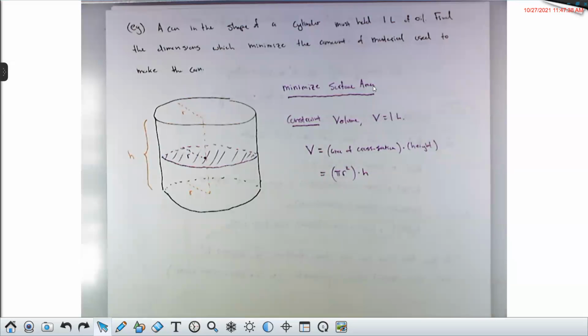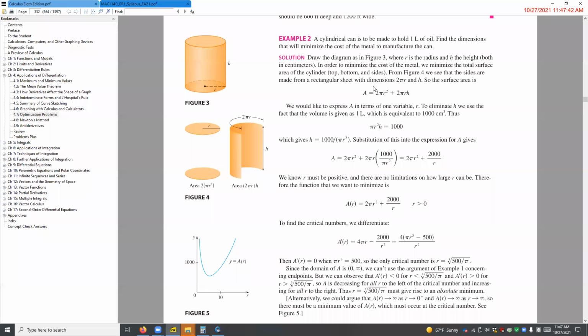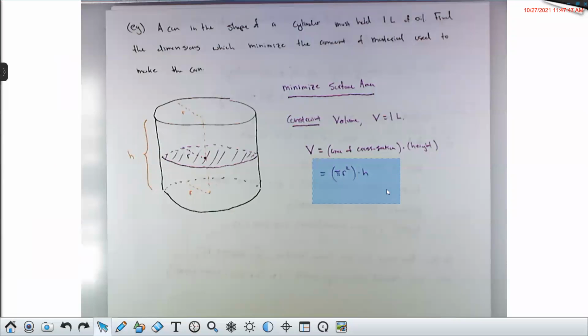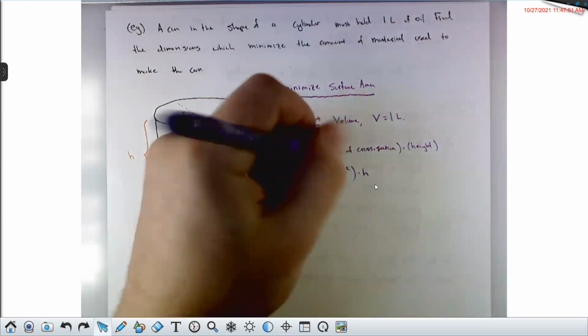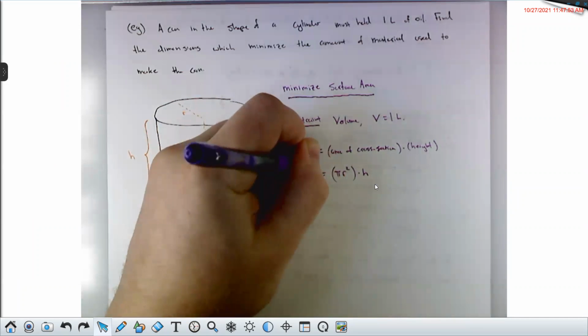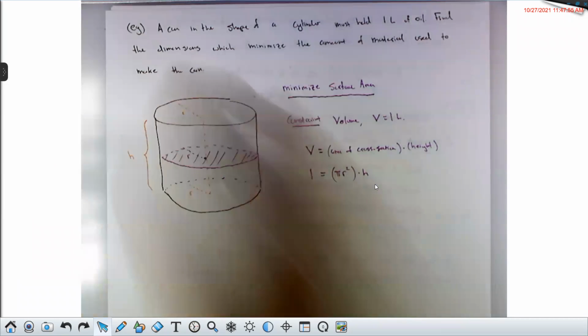It's not a cubic centimeter though. I don't think they talk about the units, but that's okay. So this is our volume, right? We're going to set this equal to 1. So 1 is equal to pi r squared times h.